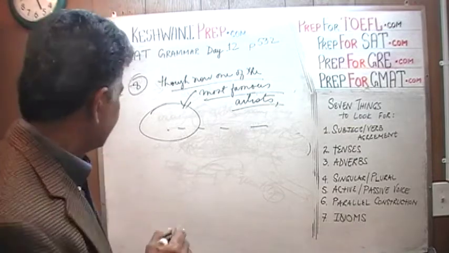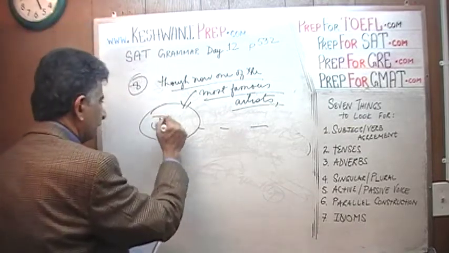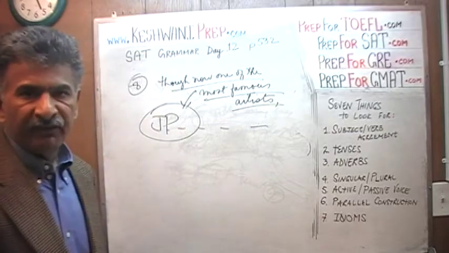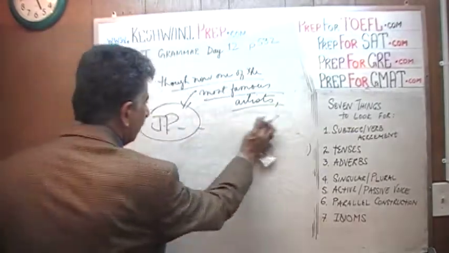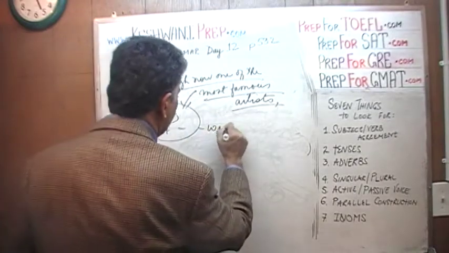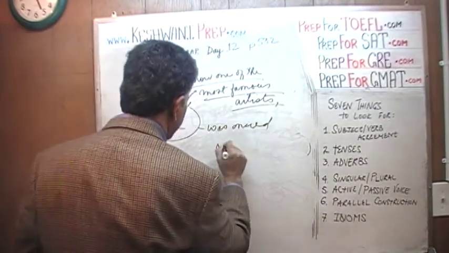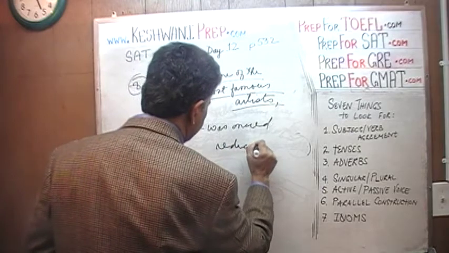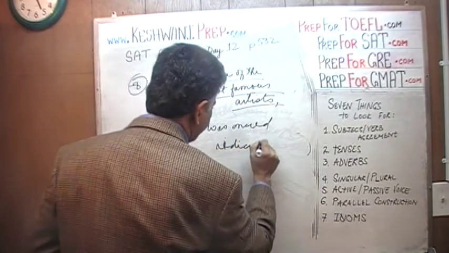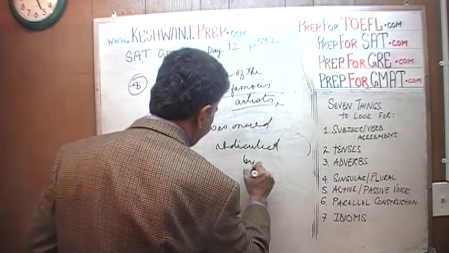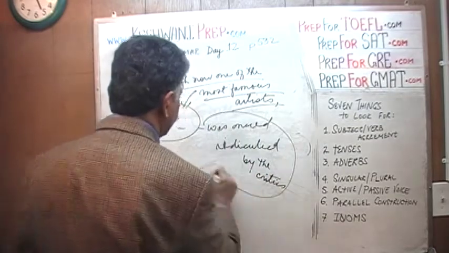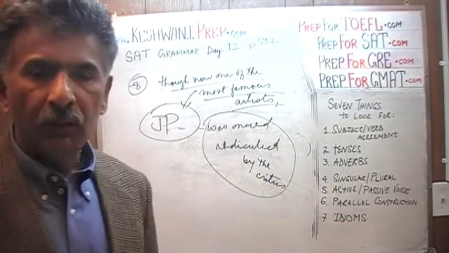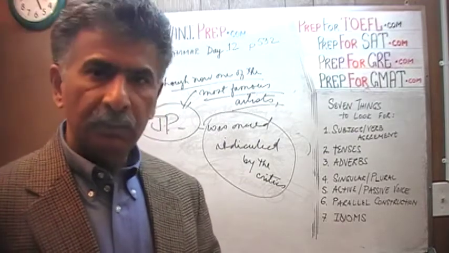That name, Jackson Pollock, has to come first. So how do we fix it then? If we put that first, then we have to go on to say, Jackson Pollock was once ridiculed by the critics.